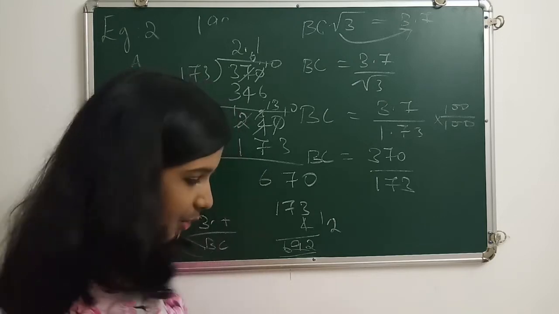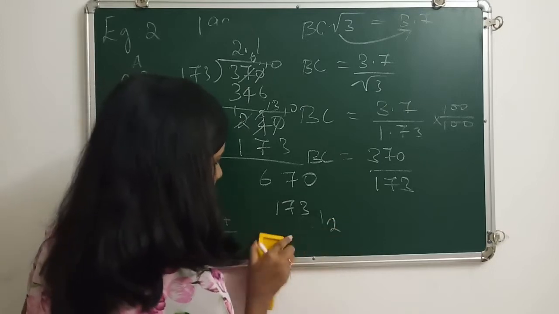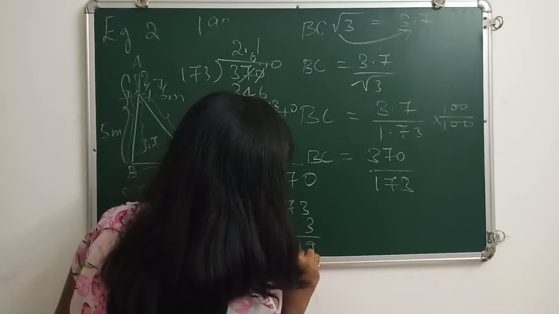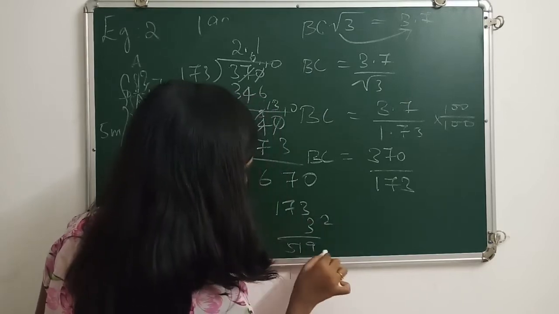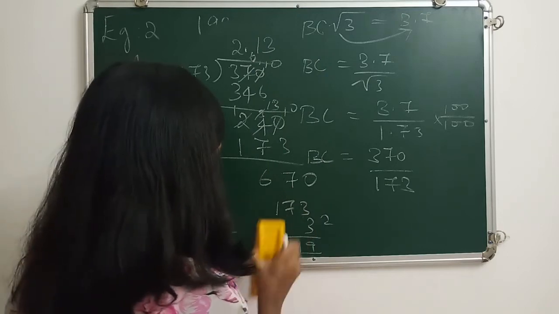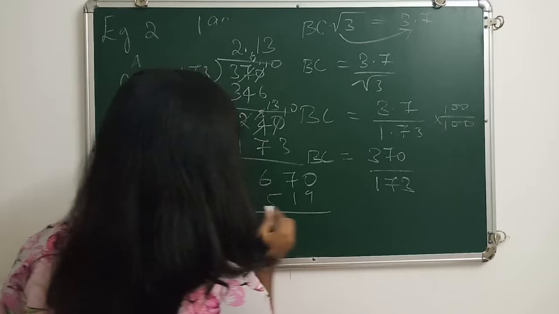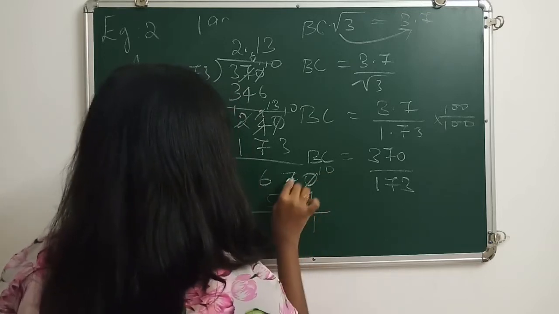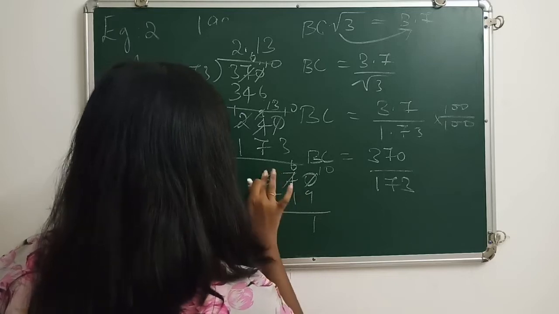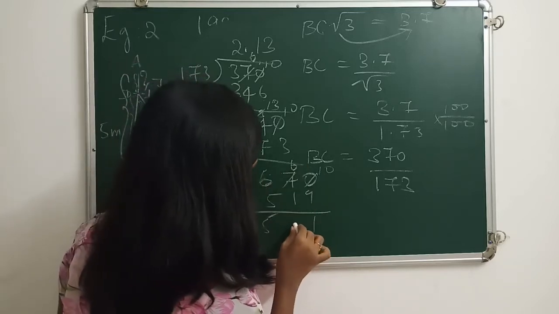Yeah, so we cannot take this. So we can take 173 into 3. It should be 519. So we can take 3. In here 5, 1, 9. We can take this. 6 minus 1 is 5.